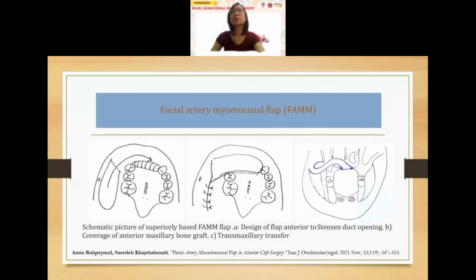In this technique, we create the flap anterior to the Stensen duct, and this flap has the facial artery, and moves to the anterior of the teeth, anterior of the jaw, and even across the maxilla to touch the other side in the middle of the palate.